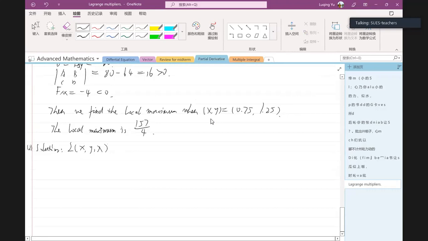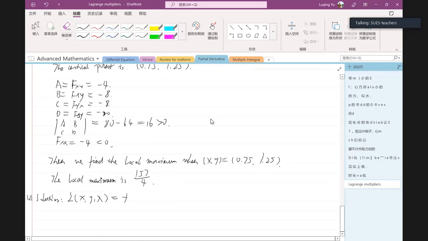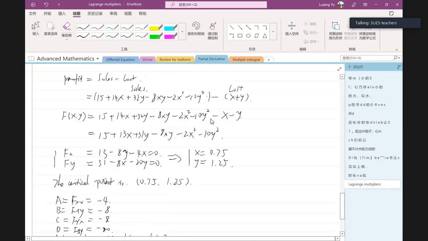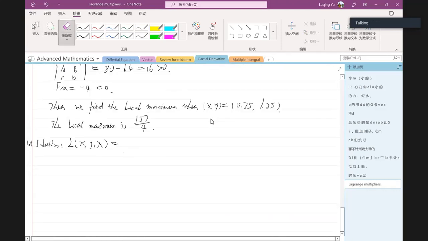The Lagrange function is still the profit function f(x,y), minus lambda g(x,y).